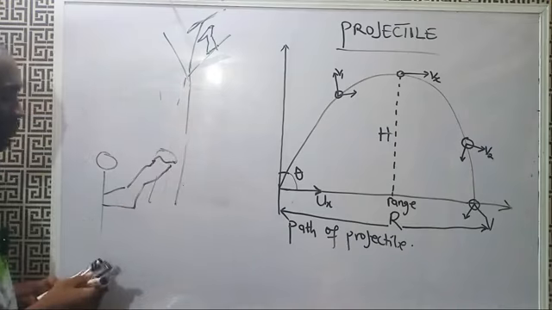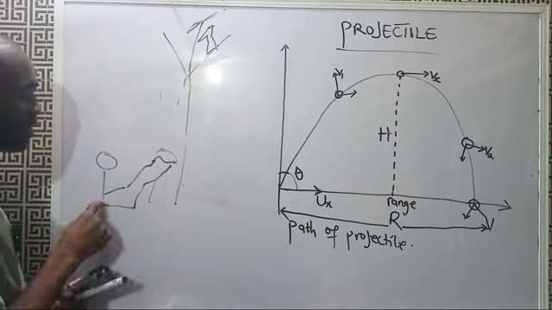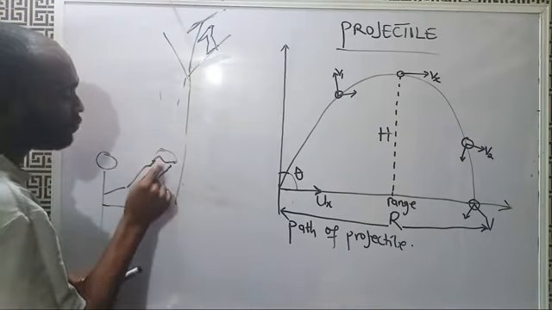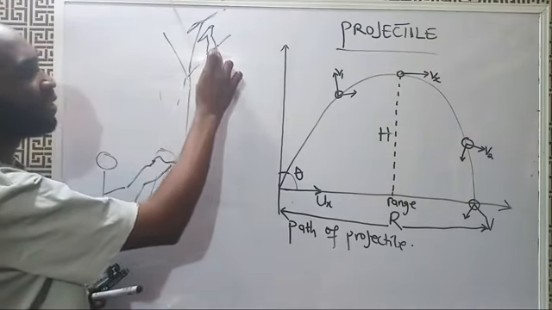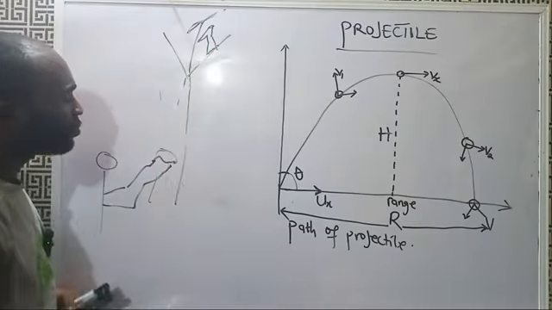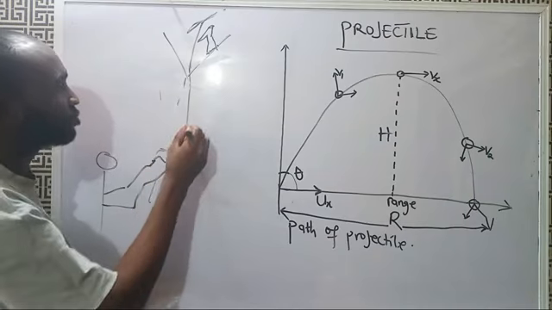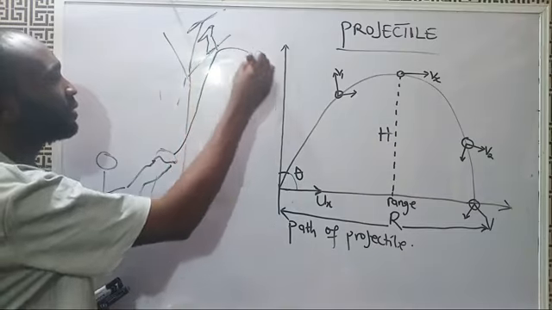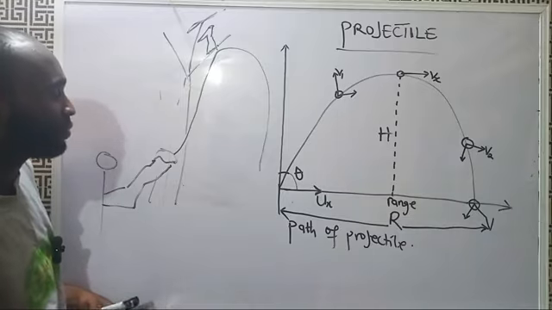Okay, so now if this person releases a stone from that catapult to where this bird is perching on this tree here, you know, this stone that has been released from his hand will travel and then return back to the ground.